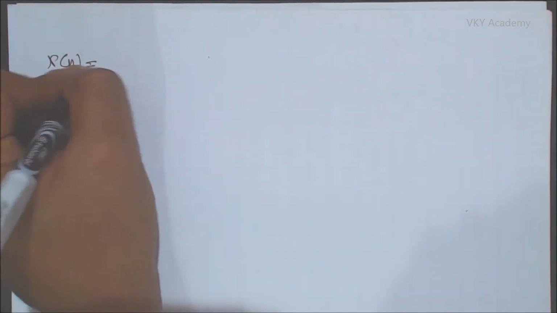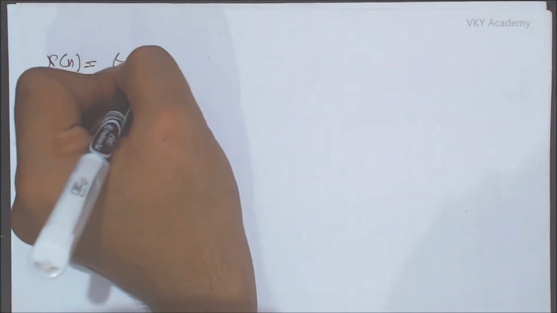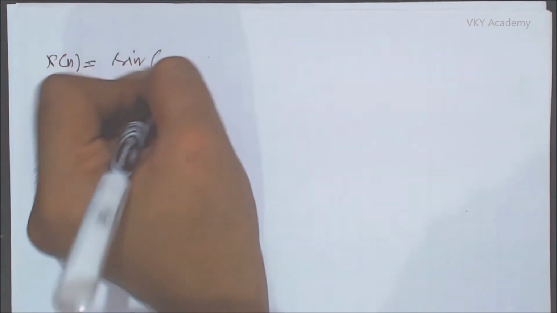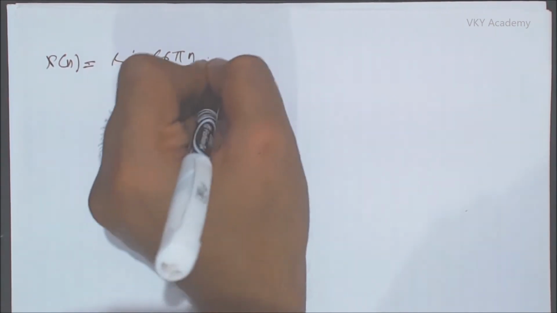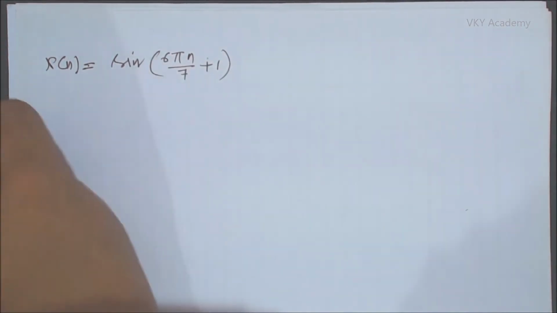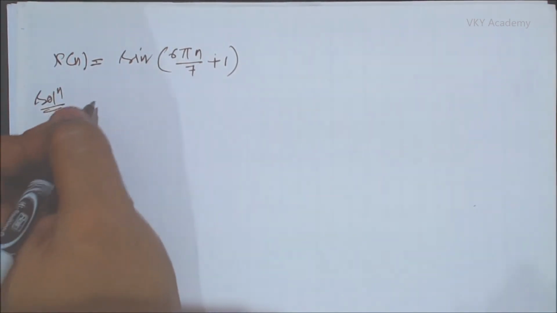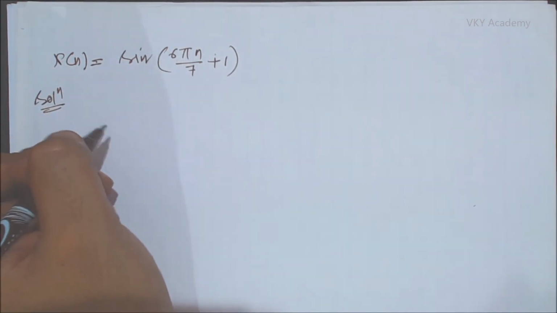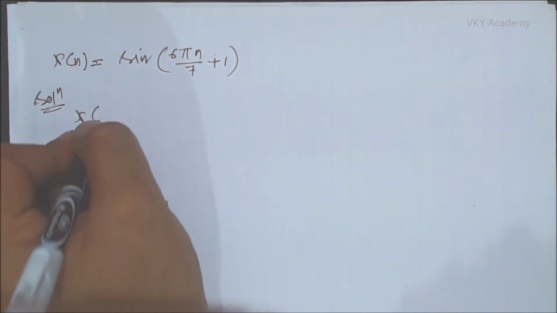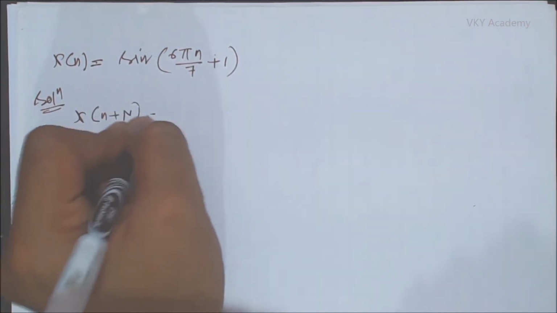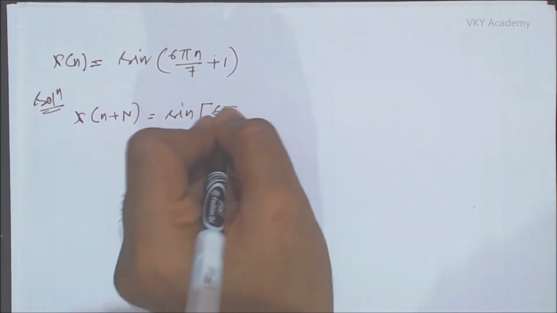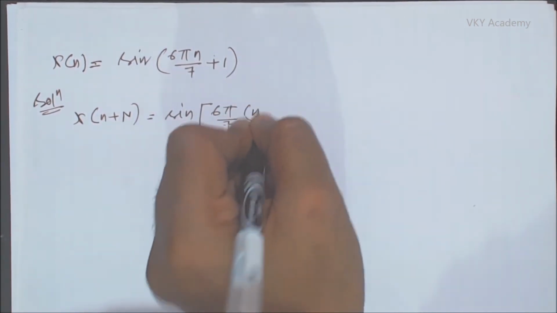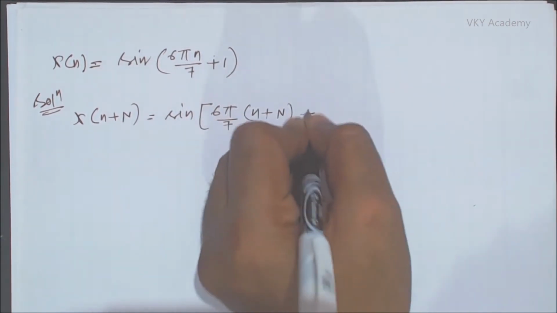So let's start. My first question was x of n is equal to sine of 6 pi n upon 7 plus 1. Solution. Let us assume this particular signal is periodic with period capital N. Then we can write x of n plus capital N is equal to sine of 6 pi by 7 (n plus capital N) plus 1.